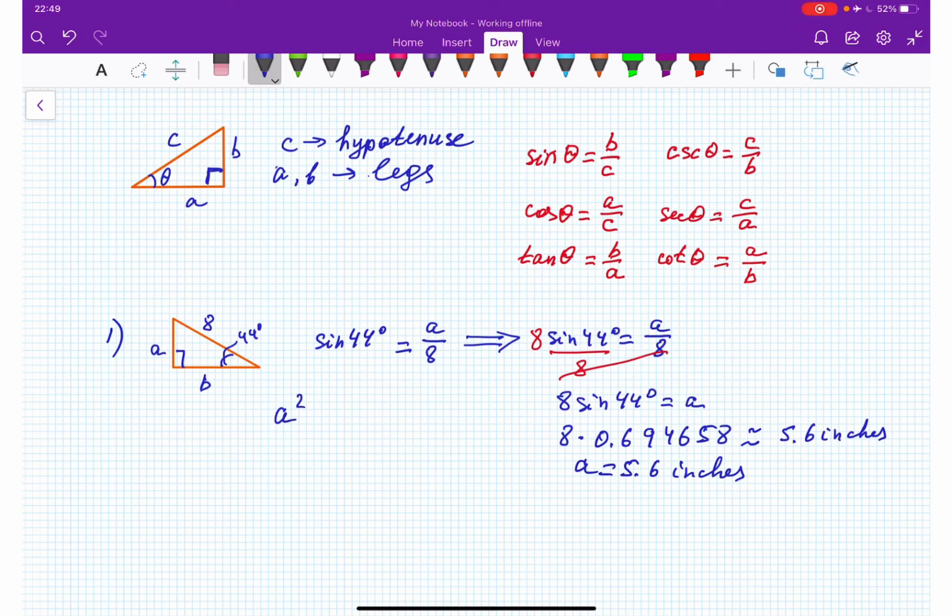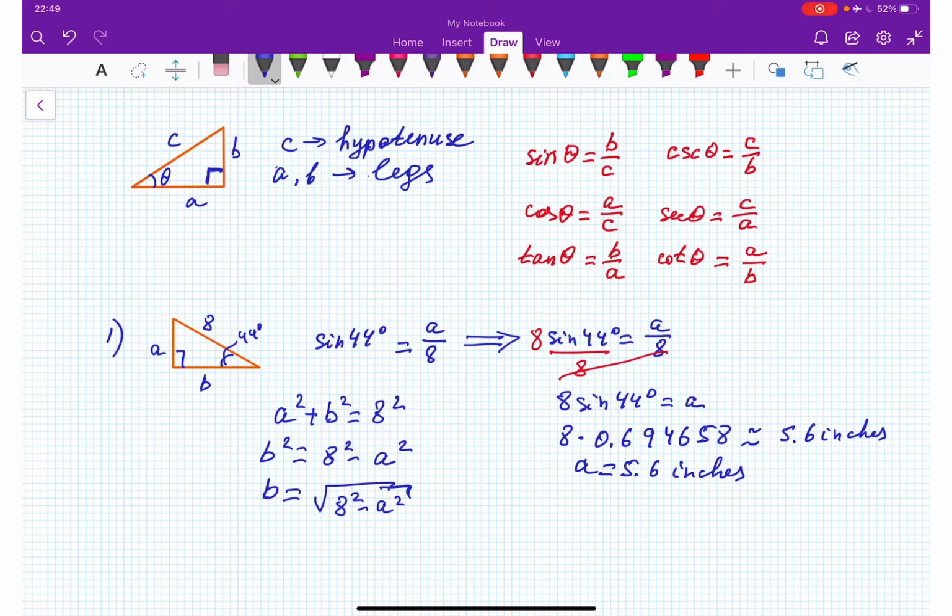A squared plus B squared is equal to my hypotenuse squared, which is 8 squared. And from here, B squared should be equal to 8 squared minus A squared. Since my A is 5.6, it's going to get messy, right? Square it and subtract, and it will be difficult to get the square root.